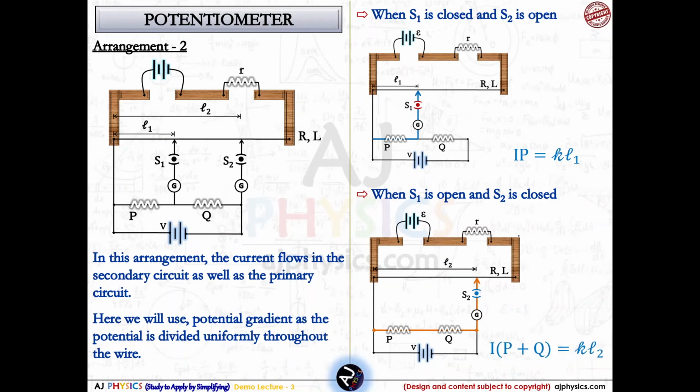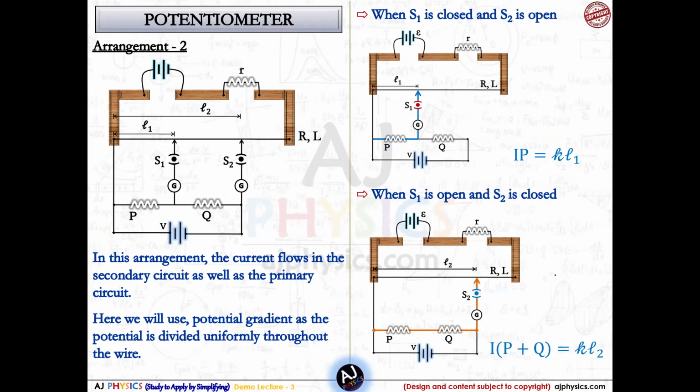And we can divide this result and the previous result to get whatever answers are asked in the question. Fine. Now again, I have to tell you one thing: the voltage across P and the voltage across P plus Q have to be less than the voltage across the whole wire to attain the balance points within the range.